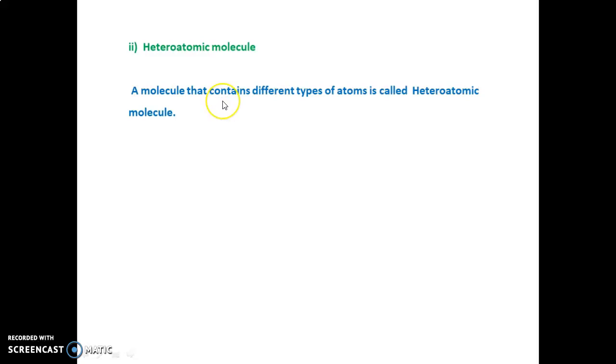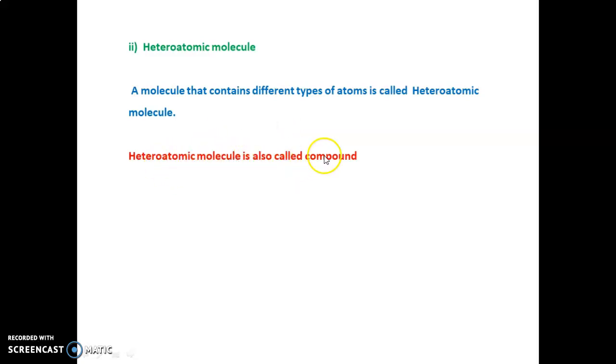Example H2O. H2O is not a homoatomic molecule because it contains hydrogen and oxygen elements. Therefore, H2O is a heteroatomic molecule, since it contains hydrogen and oxygen, which are different atoms of elements.